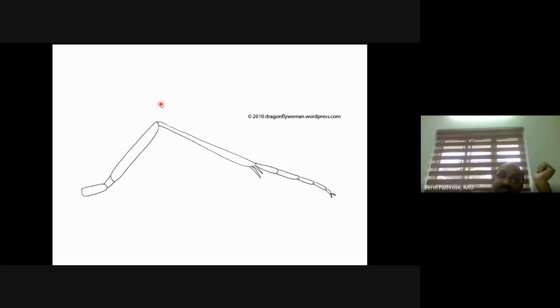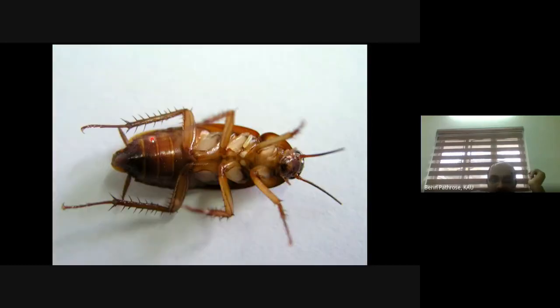Here the femur is extremely slender compared to the femur in the case of ambulatorial legs. If you check the diagrams of ambulatorial and cursorial legs, the only difference is that the femur is extremely slender in nature. In cursorial legs, the femur is slender, and you can see the grasshopper legs.